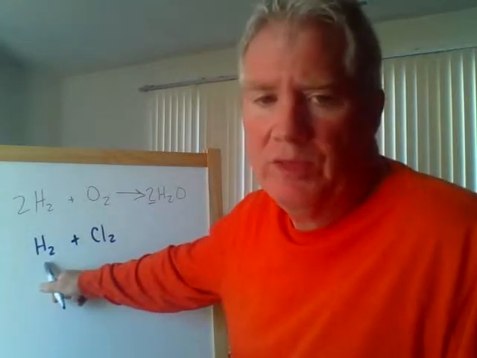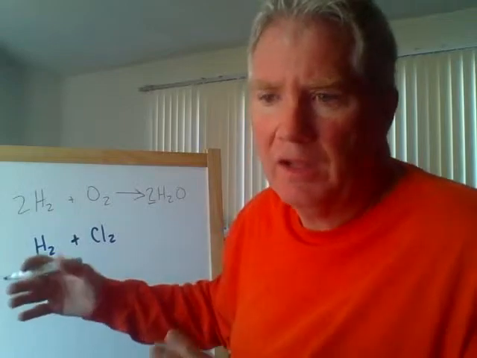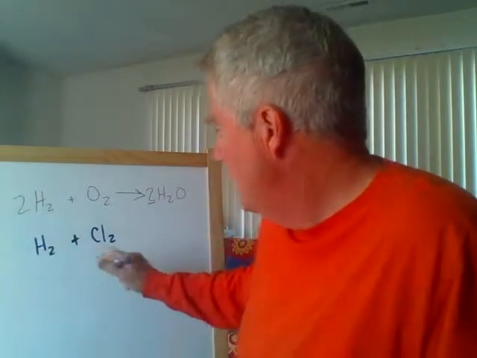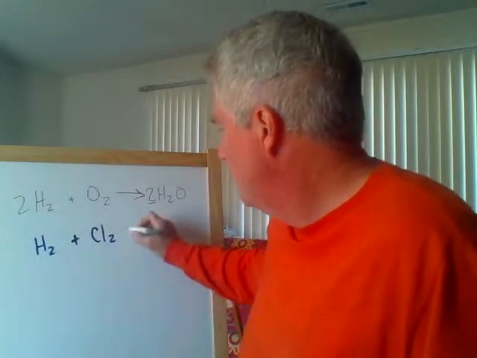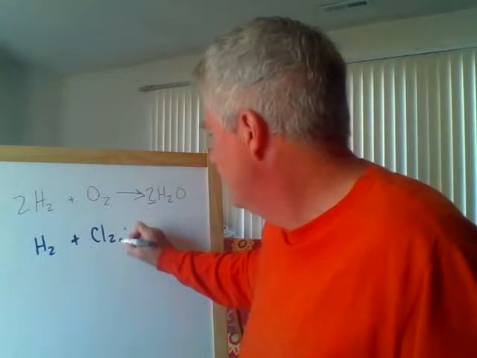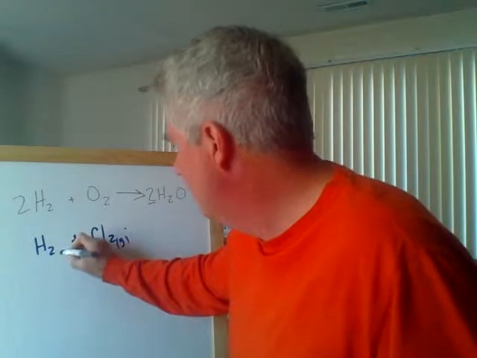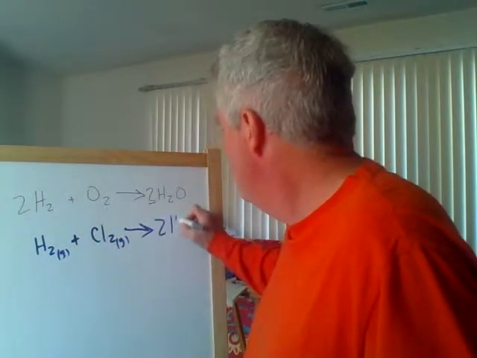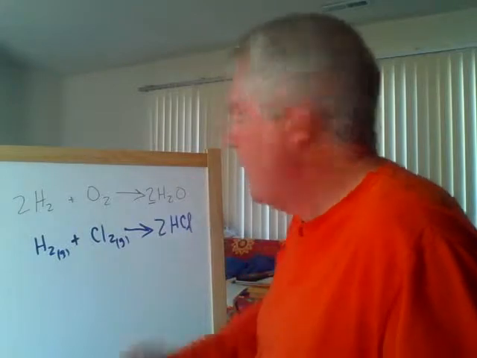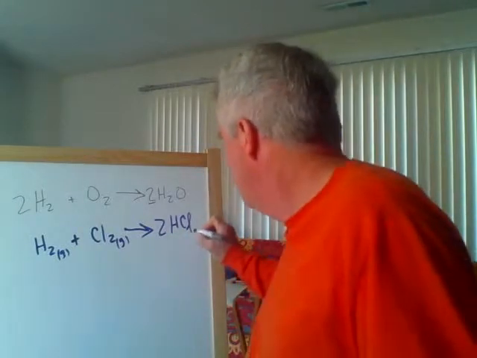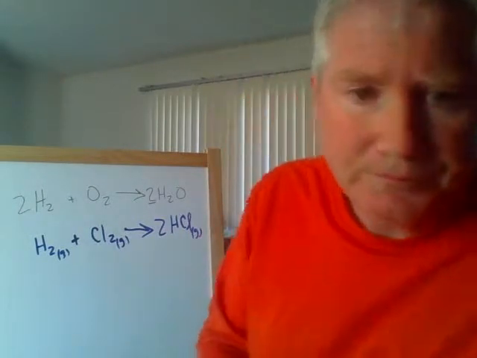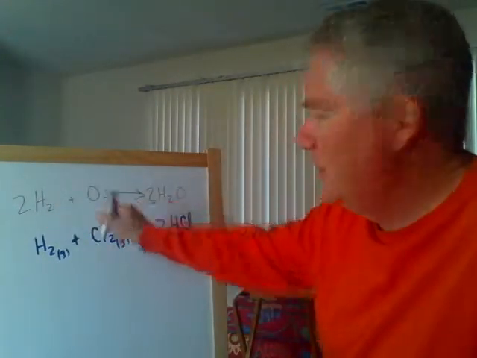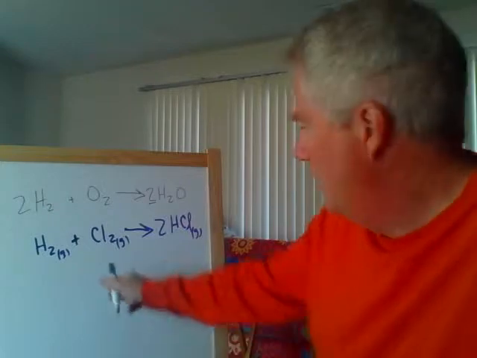And it would react with hydrogen, and hydrogen is kind of like the classic reducing agent because it's happy to give up electrons. And hydrogen, when mixed with chlorine gas, I should probably write these as both gases, reacts to form two hydrogen chloride gas molecules.